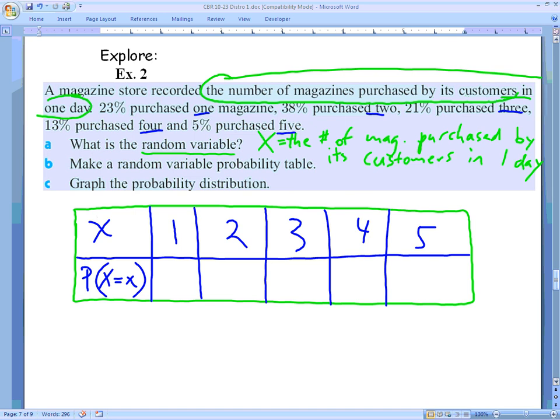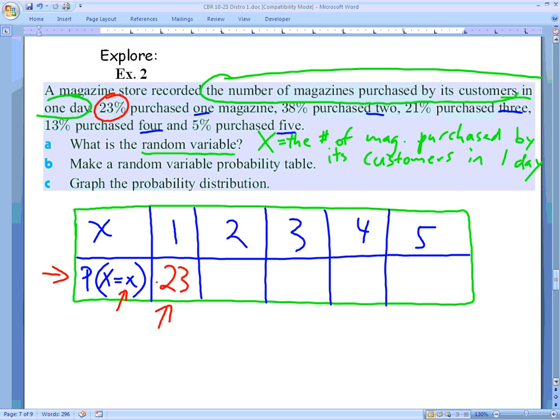Now, what does this statement here mean? This says the probability that the number of magazines purchased by a customer in one day is little x. So for this first one, I'm now writing down the probability that the number of magazines purchased by its customers in one day is 1. And what is the probability? Well, we have 23%. That's a probability, so I'll write 0.23.